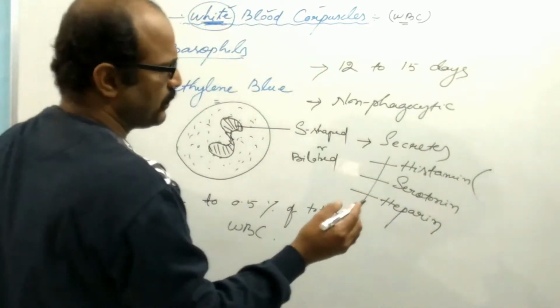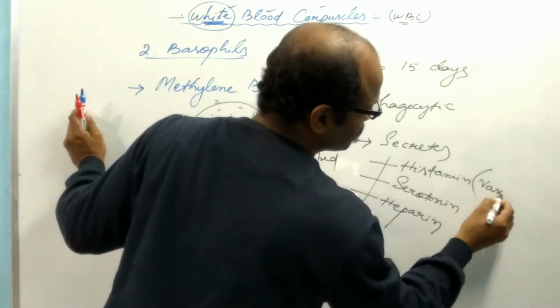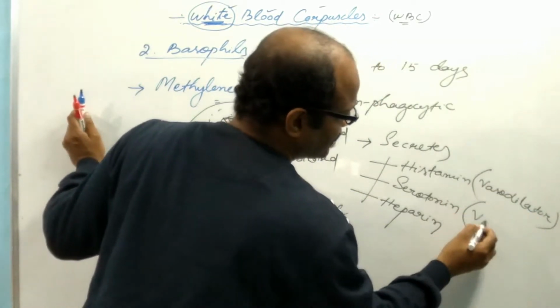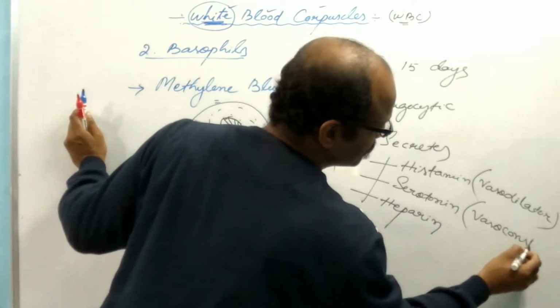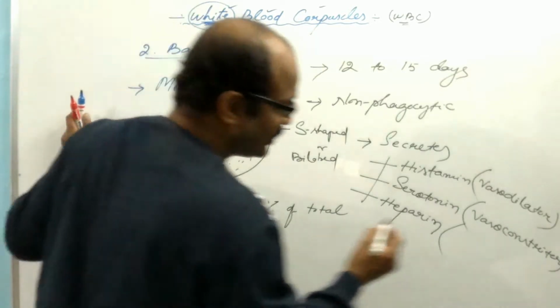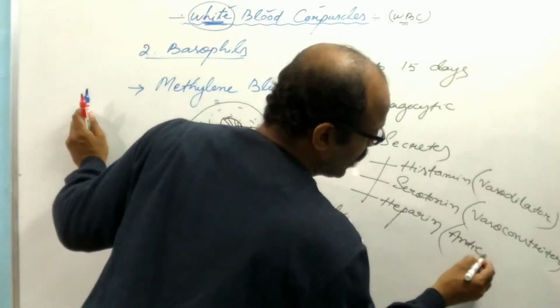Histamine is the vasodilator, serotonin is the vasoconstrictor, heparin is the anticoagulant.